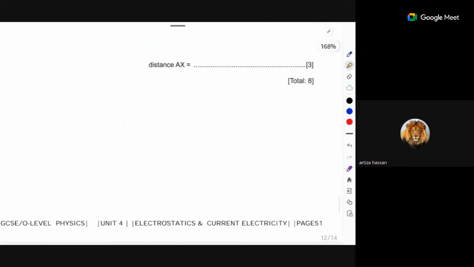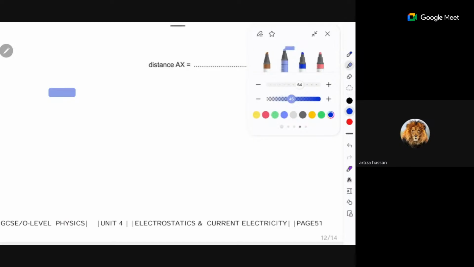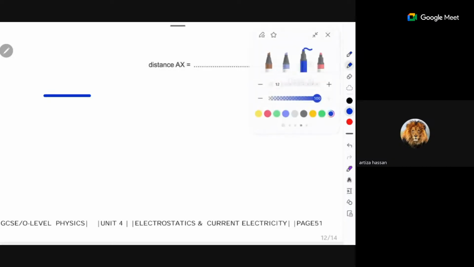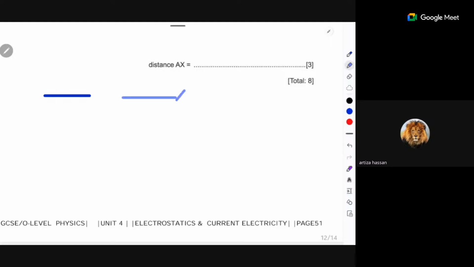Here there is a 12-volt battery, and you have to draw the circuit in this way. This is the 12-volt battery sign. This is the lamp. The junctions are required to draw here.